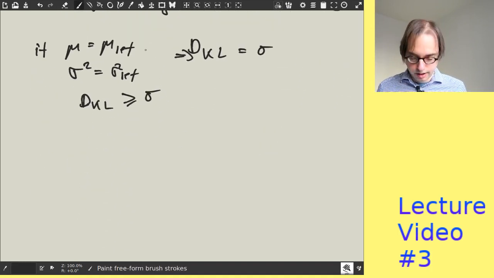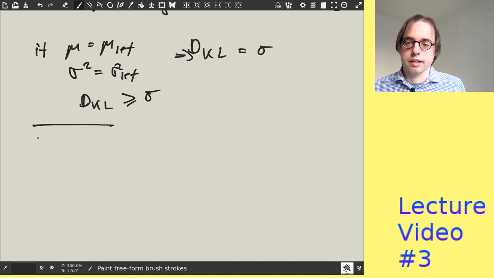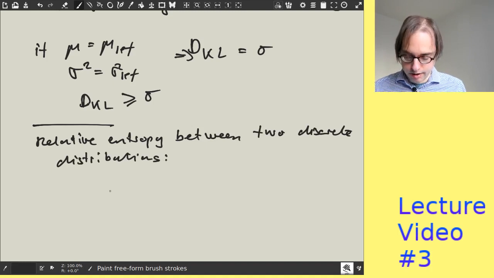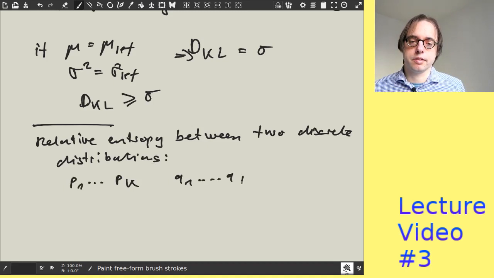And then there are some other interesting things that we also look at in the example sheet, when we have discrete distributions. So let's say relative entropy between two discrete distributions. We have probabilities P1 to Pk, and then we have Q1 to Qk.